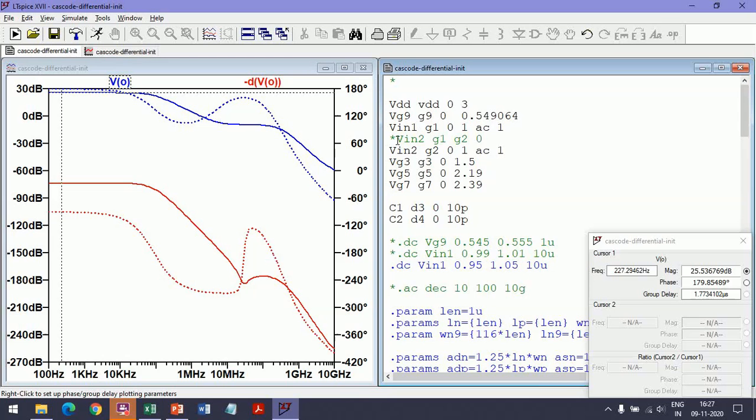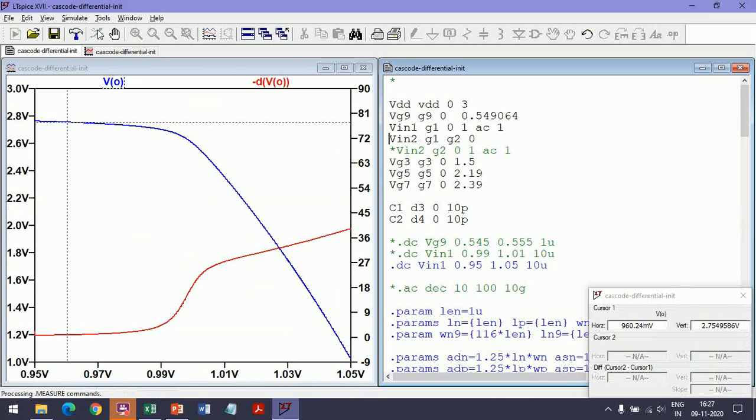What I want to do is apply the same voltage at both the inputs, V in 1 and V in 2. So I'll short the gates of M1 and M2 and apply the voltage V in 1 at both the inputs, and I'm varying that V in 1. And then let us run this.